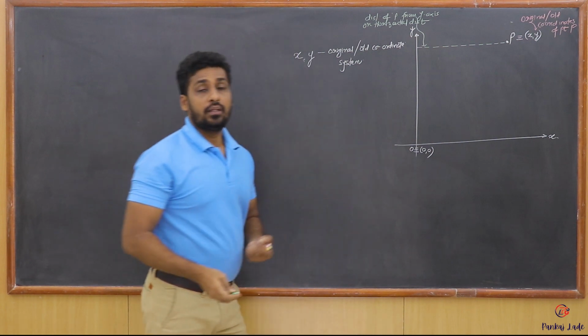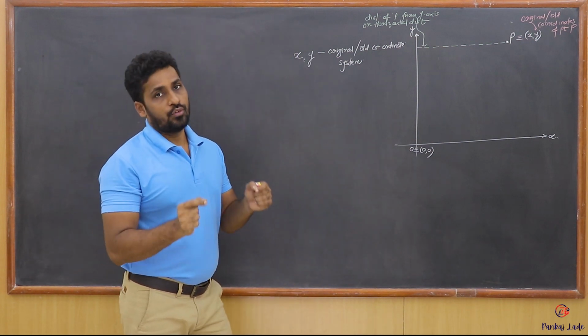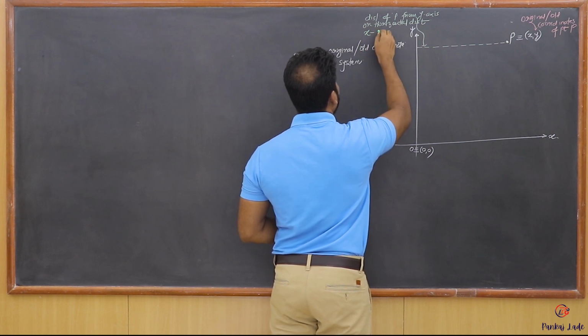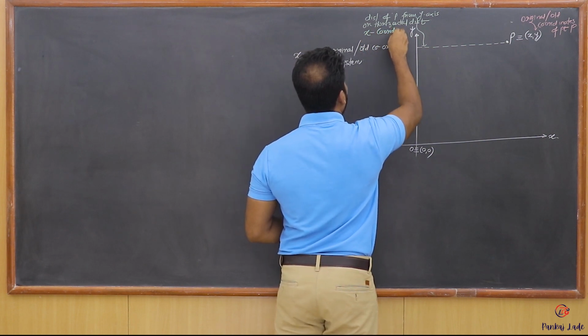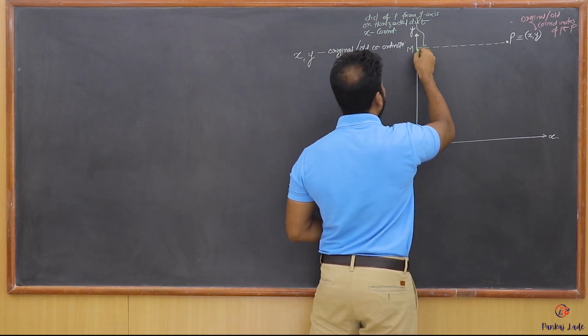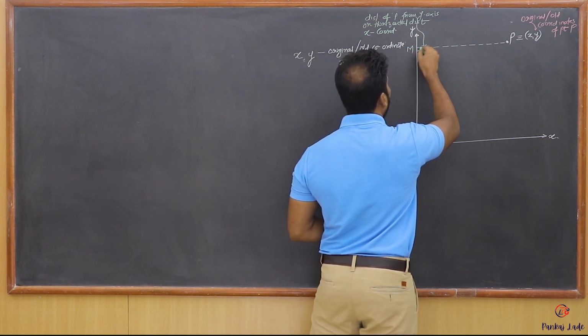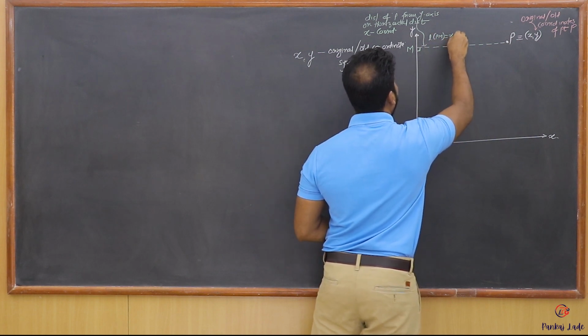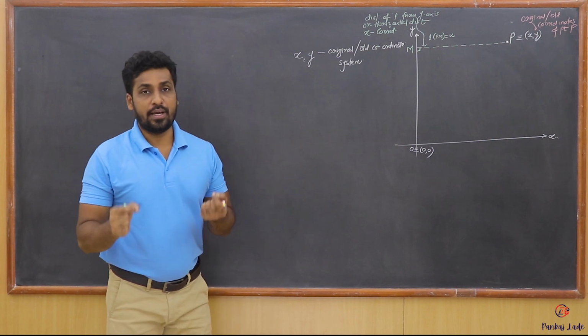This is going to be the x-coordinate of the point P. So this is the x-coordinate. I'm going to call this, say, PM. This is a perpendicular PM. So the length of PM is x. Getting or not, the length of PM is going to be x.